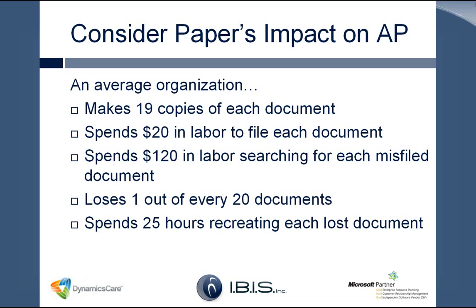An average organization also spends $20 in labor to file each document, and $120 in labor searching for each misfiled document. That could happen during times like audit and compliance, where that information is mandatory.